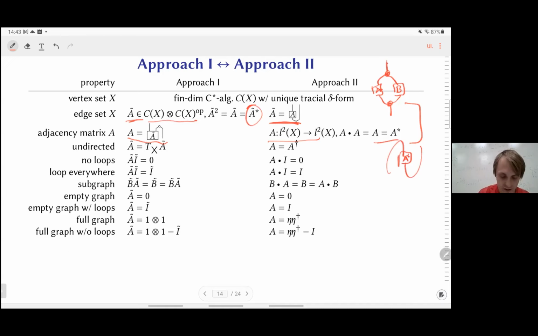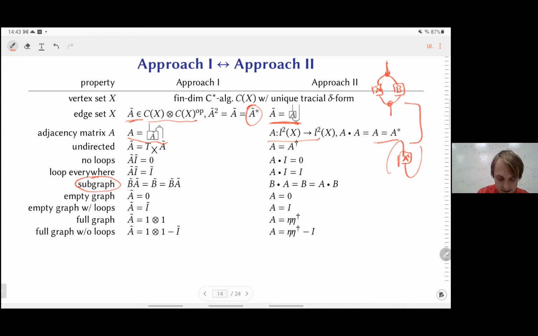And now I have all those conditions: undirected, no loops, loops everywhere, and so on. Some of those I already talked about. Maybe this subgraph condition is kind of interesting. If I have two graphs on the same set of vertices, how do I characterize that one is a subgraph of another?